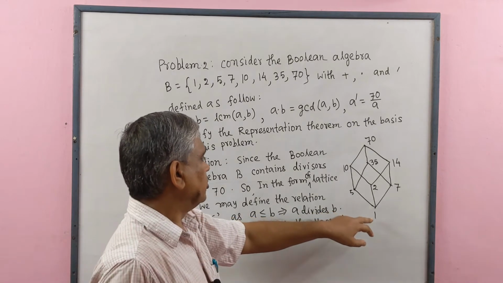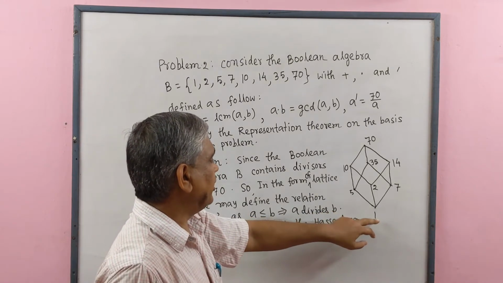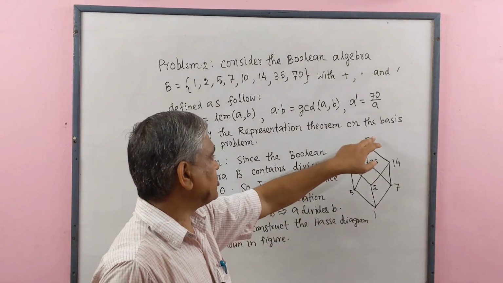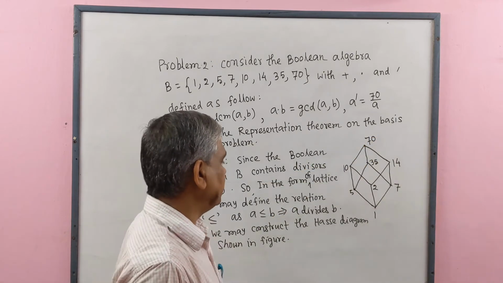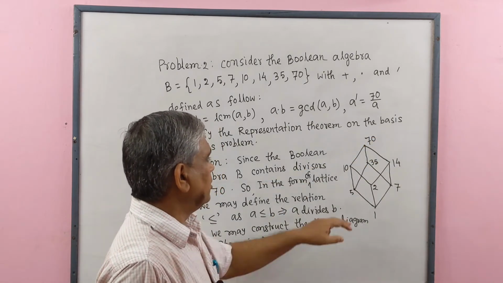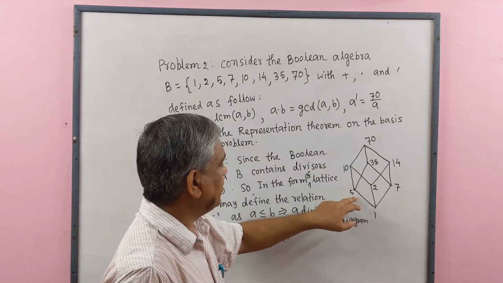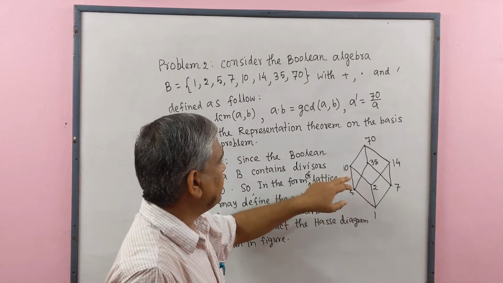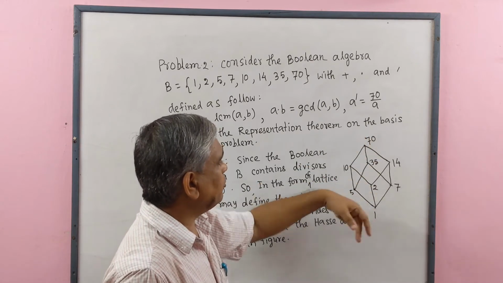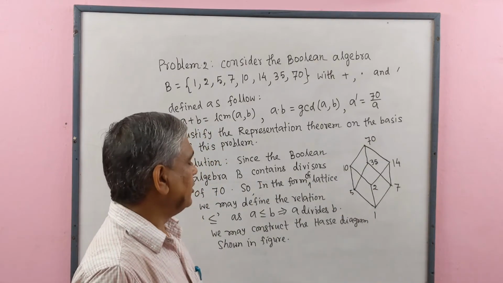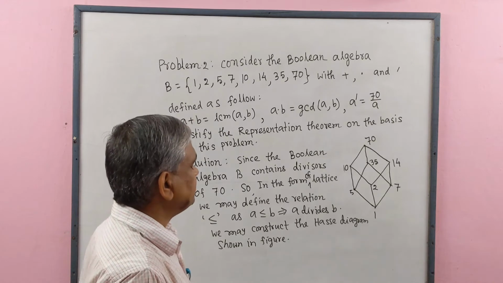Here we write 1. 1 is the least element and 70 is the greatest element. Here 1 divides 5, 5 divides 10, 10 divides 70. In this way, we have constructed the Hasse diagram.